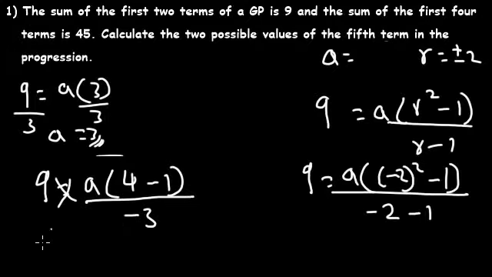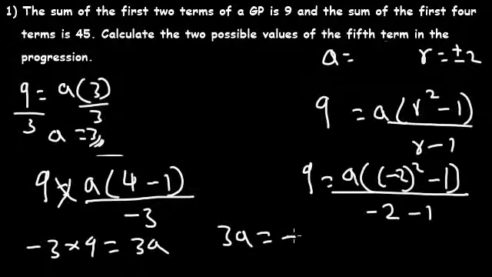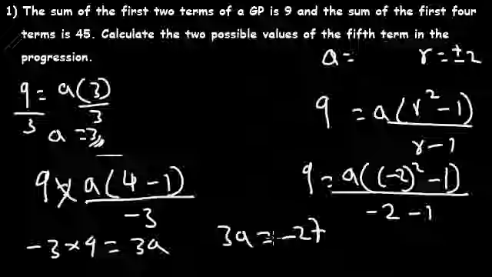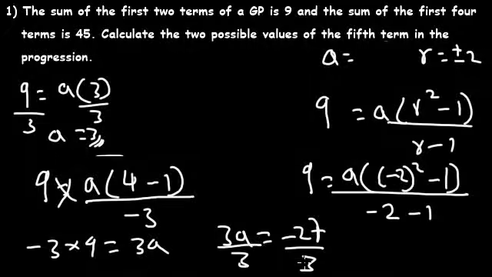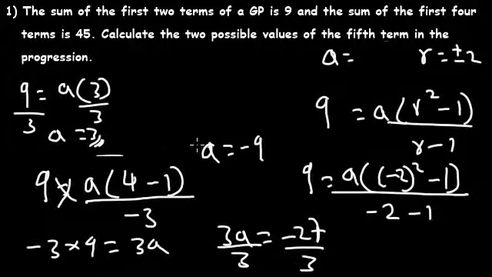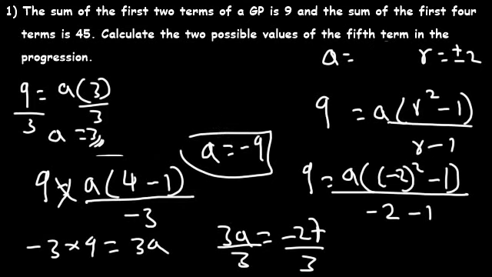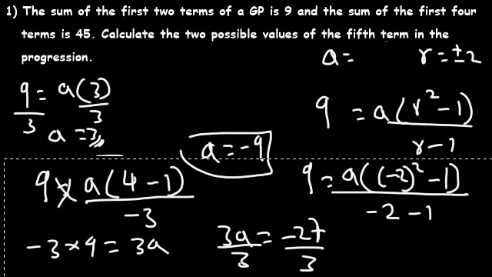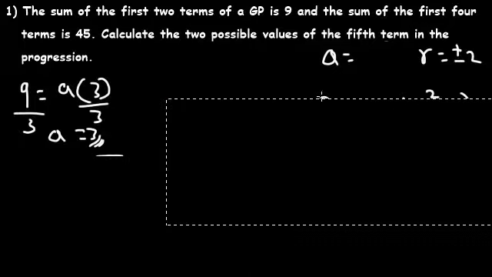And if we cross multiply, we have minus 3 times 9 equals 4 minus 1, which is 3a. So 3a becomes minus 27, as 9 times 3 is 27. So eventually a becomes minus 9, by the time we divide 27 by 3. So that's the value of a when r is minus 2.